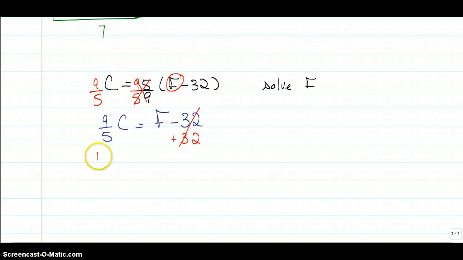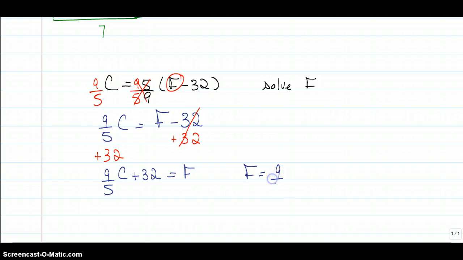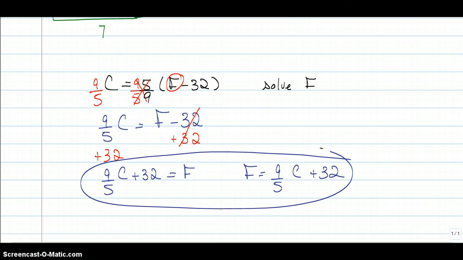That adds up to 0. So now I have 9/5 C plus 32 is equal to F, or you could also write it F equals 9/5 C plus 32. Either one of these is correct.